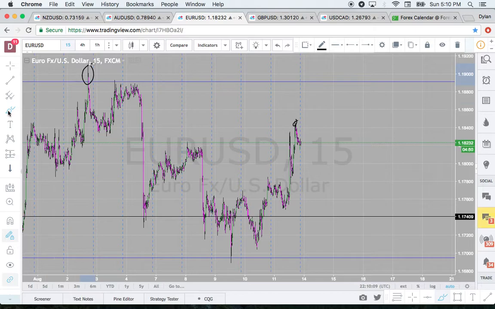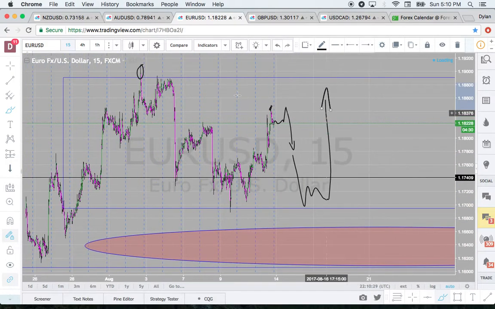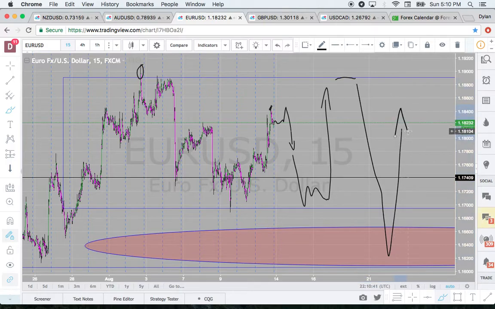So we could see price come up, and this is in correlation with our AUD and NZD bias: spike up and then come down and work the lows before coming back up, and then making its way, working the high here and then coming back down, possibly back into this zone and then coming up.